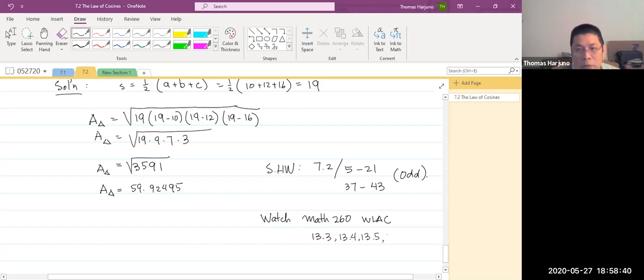If possible, also 13.2. Maybe you watch 13.2 first. Well, anyway, 3 of them, if you have a chance. Okay, at least 13.3 then. What I will do on Monday, I will do 13.2 first and then 13.3. If possible, you have 4 or 5 days for that. Okay, that's for today.